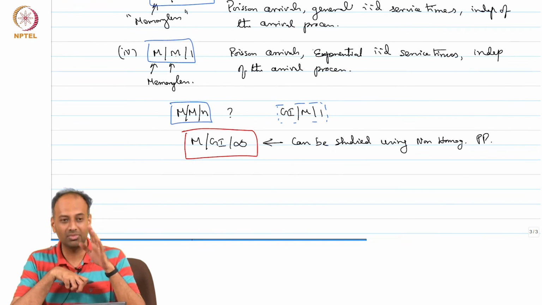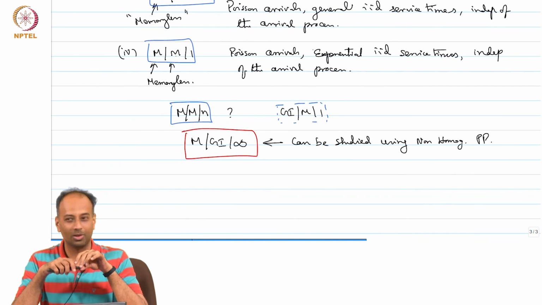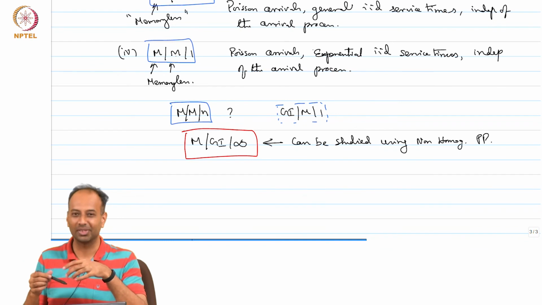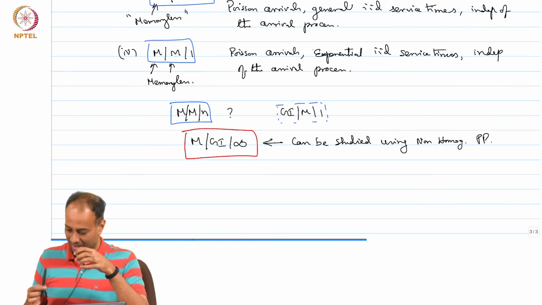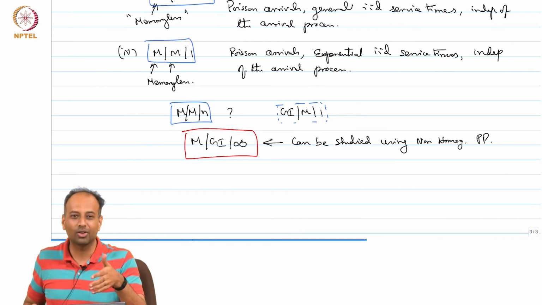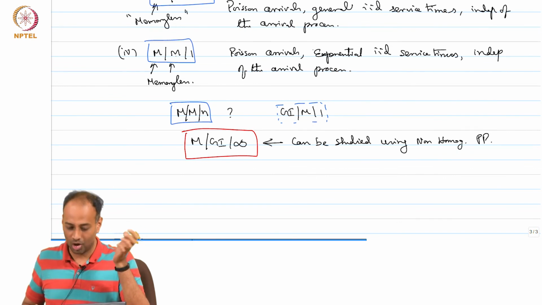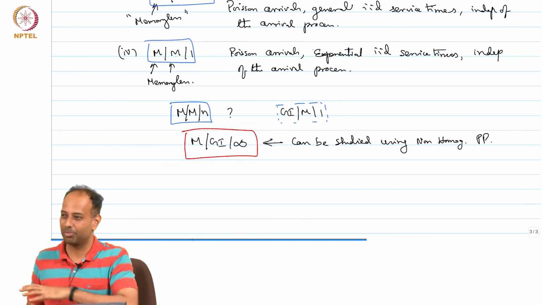But it turns out MG infinity can be studied just using non-homogeneous Poisson process. Okay. It is not the simplest queuing system from the point of view of its structure, but because there is a clever way to look at it using non-homogeneous Poisson process, it turns out you can actually study it without doing any of these Markov chain stuff. All the other queues will involve some kind of a Markov chain, okay, which is what we will study towards the second part of this course. Okay.